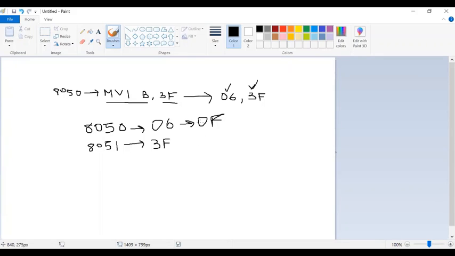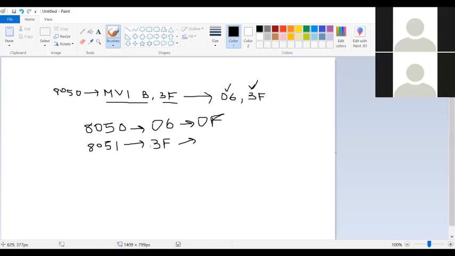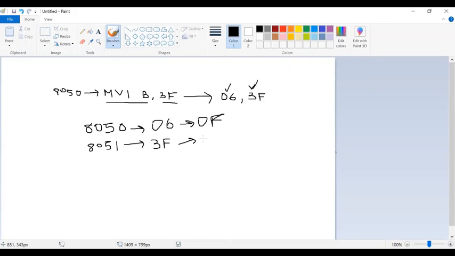After fetching the opcode, when the microprocessor identifies the operation code and needs to perform that operation, it demands the immediate data which needs to be loaded into the B register. At that time the next machine cycle will be memory read, because this data is stored in memory.